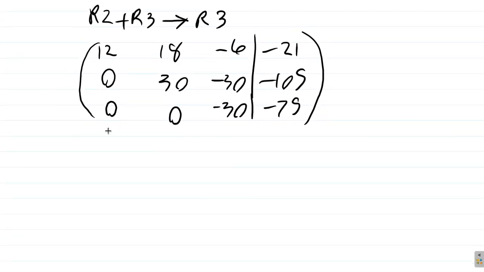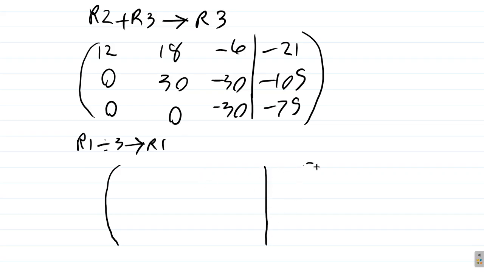Let's get some smaller numbers before we change it to equation form. Let's say row 1 divided by 3 gives us one new row 1. 12 over 3 is 4. 18 over 3 is 6.